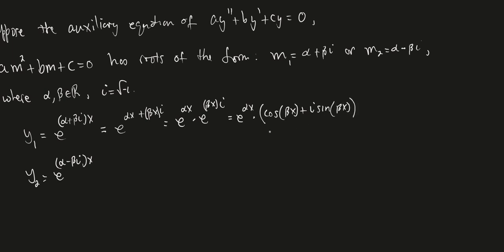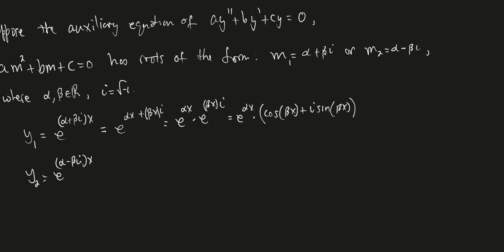Okay, so that's not too bad. We still have the i in there, but at least we see some familiar functions. We see our exponential function, and we see our cosine and sine together, and this is due to Euler's identity.